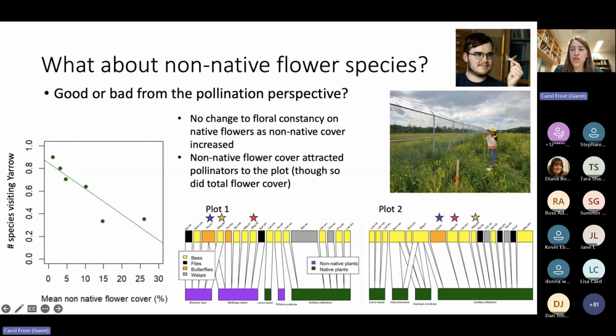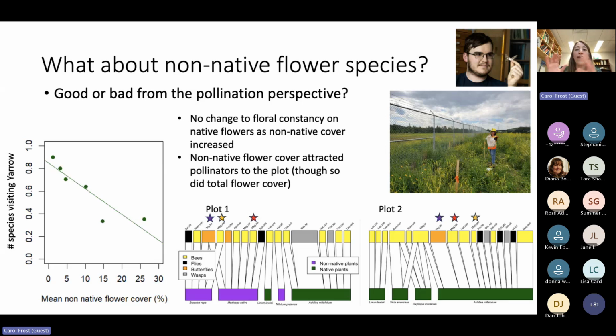So Sam observed the 6 study plots around the solar farm in this enhanced seed area that had a range of non-native flower cover. The mean non-native flower cover across all the survey times ranged from 0 to 27% or so. And he observed, how does insect flower visitor floral constancy change?